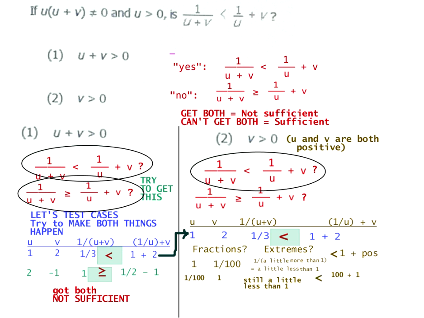After enough cases that you try, if you're running on a time limit, you can just say, you know what, I give up. Or, I said that equation would be true, like this other condition here. We know that if u and v are both positive, that is true.